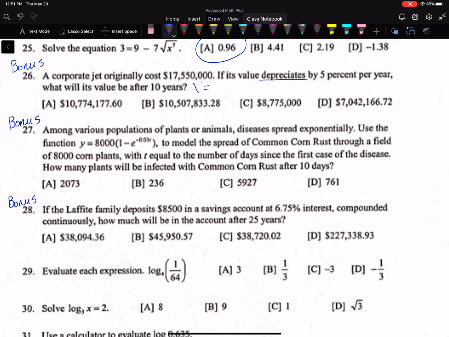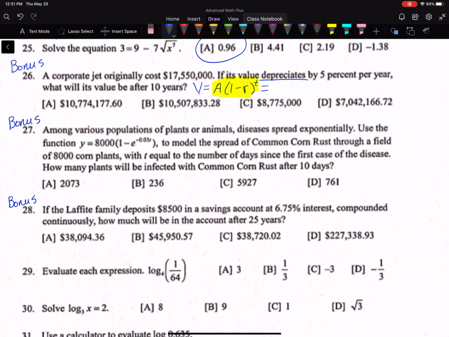The value is going to equal the amount you put in times, if it's depreciating, 1 minus the percent, to the t power. Actually, they don't use a p, they use an r, because it's a percent rate. And so all you have to do is know this little formula here and plug it in. They give you everything else.